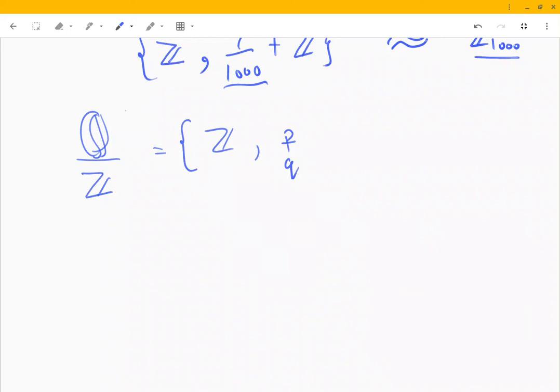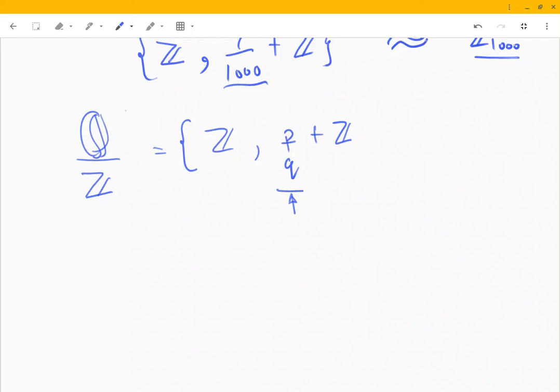And what are the type of elements in this? Well, it has infinite elements, and it has elements of infinite order, because rational numbers are themselves infinite and this place is occupied by rationals. So this is a group.